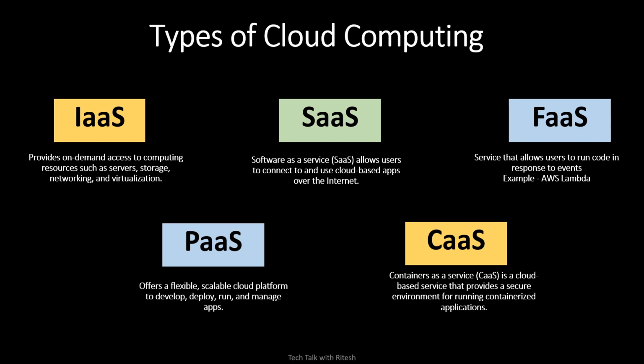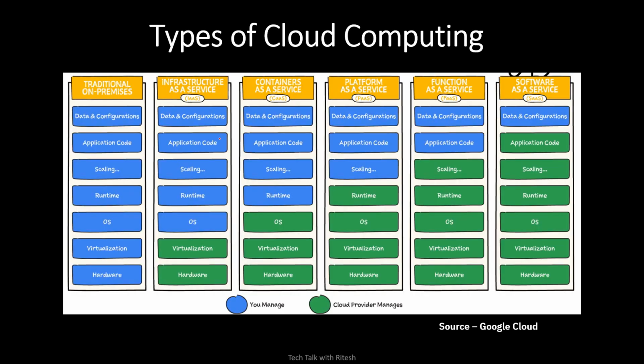Now I have taken this picture from Google Cloud, but I thought it is very good to explain those different types of cloud computing, because the green area is what the cloud provider will manage and the blue area is what we need to manage. As we move from traditional on-premise solution to software as a service, only the configuration is needed from the end user perspective.